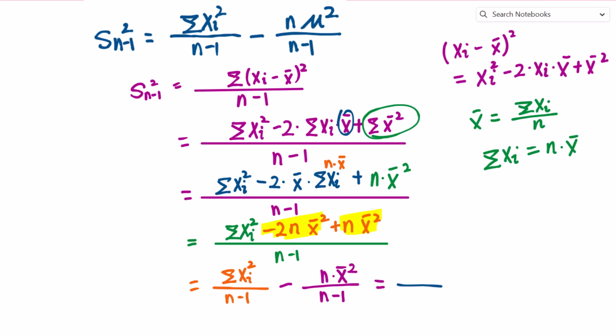So we get denominator n minus 1, numerator sigma of xi squared minus n times mu squared. Because x bar is the unbiased estimate of the population mean mu, we know this mu equals sigma of xi over n.